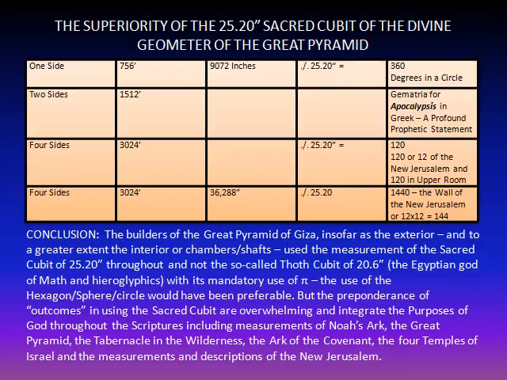On two of its sides, we, of course, come up with the number of 1,512 linear feet, which is the gematria for the word apocalypsis in Greek, a profound prophetic statement.